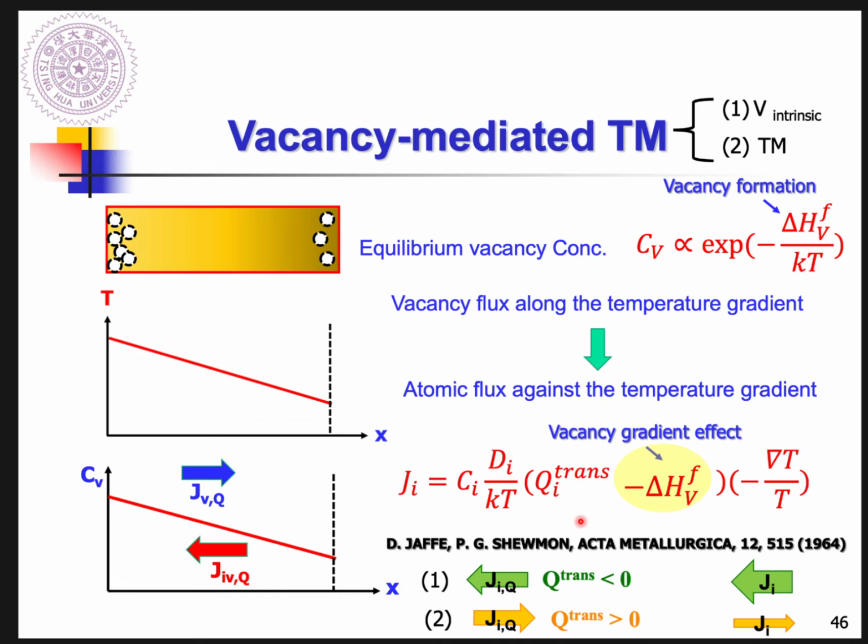So let's take a look here. If the heat of transport is positive, you subtract a positive term. The vacancy formation energy, in most cases, is around 1 eV, so usually the heat of transport will be larger than that.